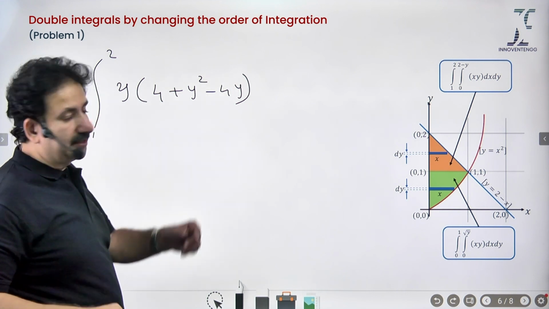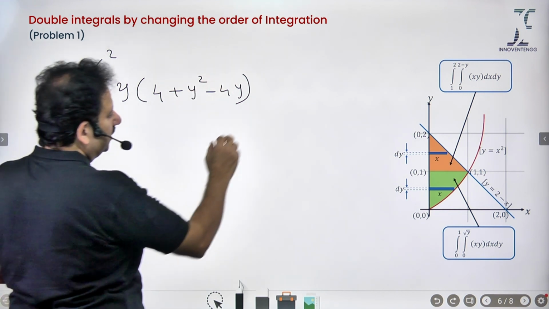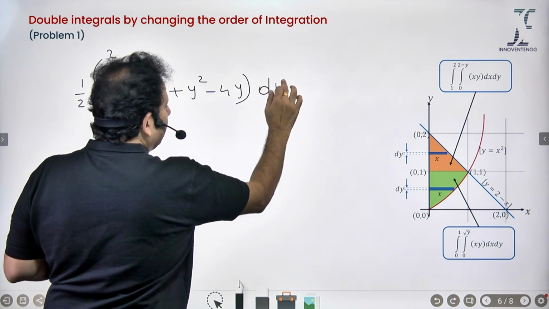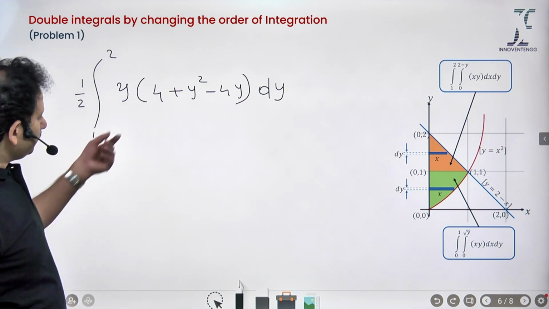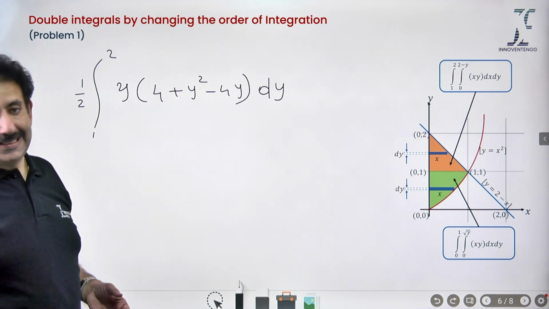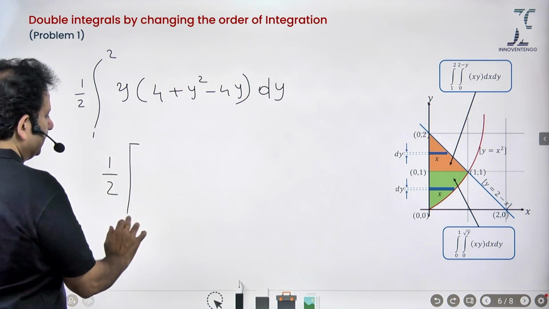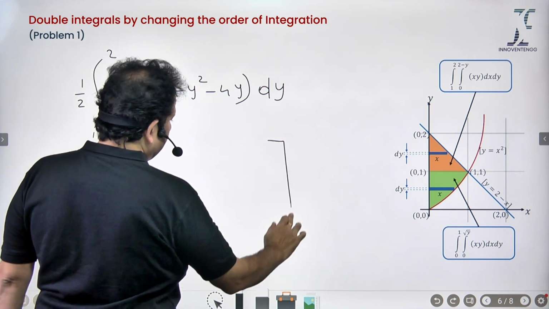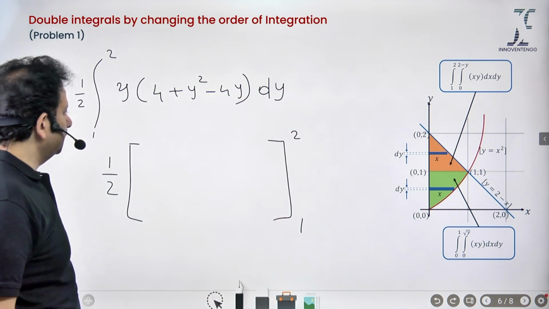Because I am just doing a minus b whole square, a square plus b square minus 2ab, and then integrate that with respect to y. Now it's going to be very simple. y is going to multiply every member inside the bracket, right? Half is there. So I would directly write the final result here, because it is quite simple, basic integration for you.